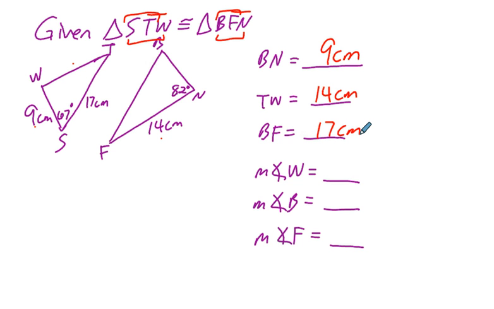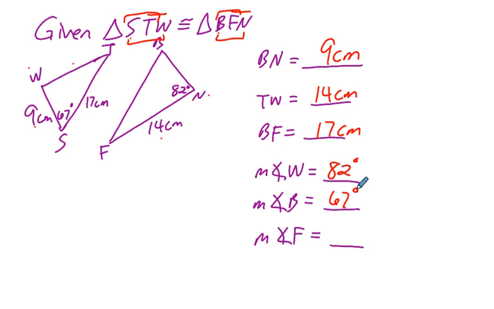Angle W, that's my third angle, has to be the same as angle N. So angle N is 82 degrees right here. So that means W has to be 82 degrees. Angle B has to match angle S. S is 67 degrees, so angle B has to be 67 degrees.